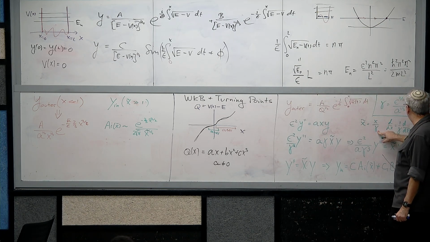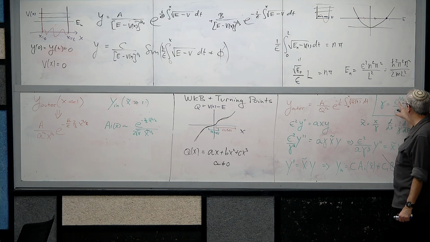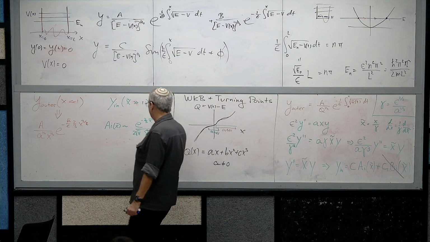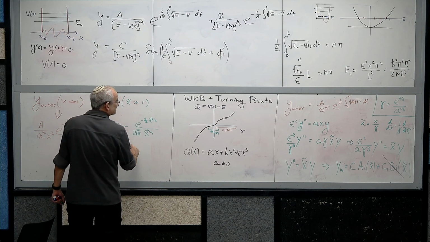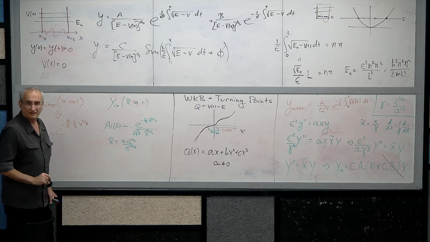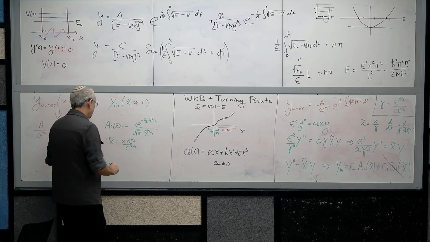So x tilde is x times a to the 1/3 divided by epsilon to the 2/3, right? And we want to plug it here and here. Very good.